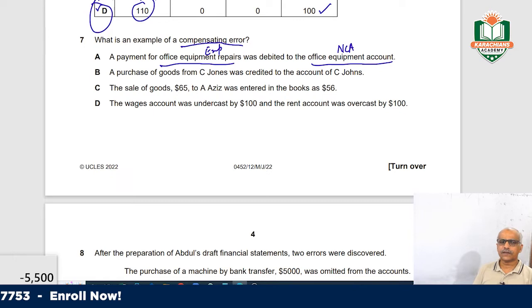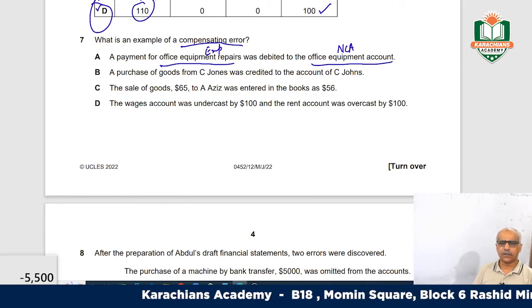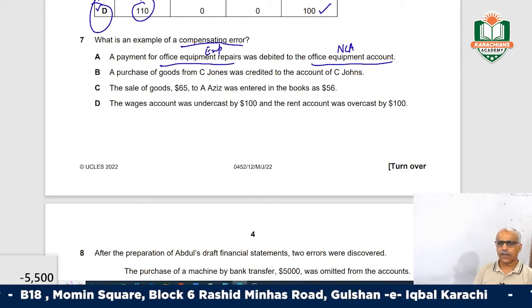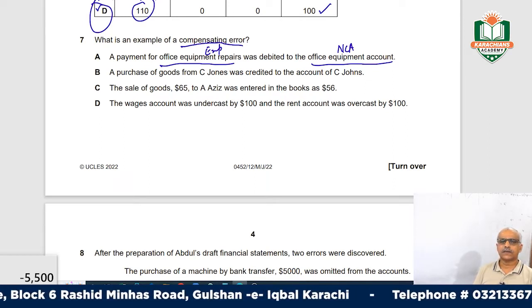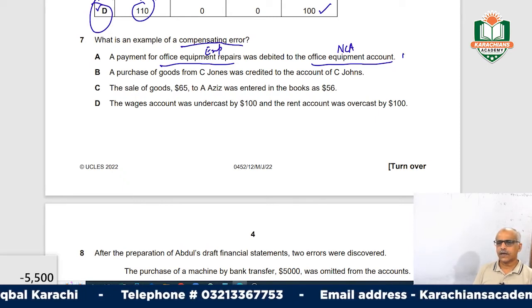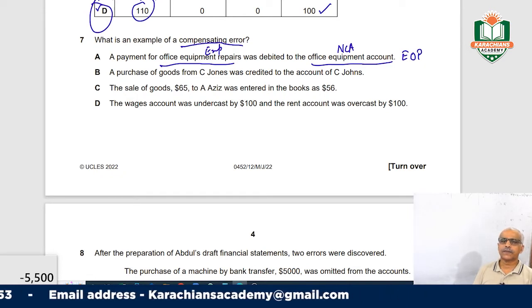This will not affect the balancing of the trial balance, but you are treating an expense as an asset. So this is an error of principle. This is not a compensating error.